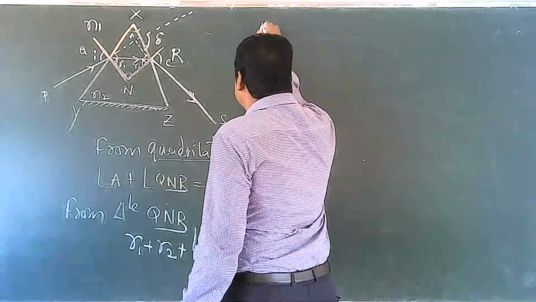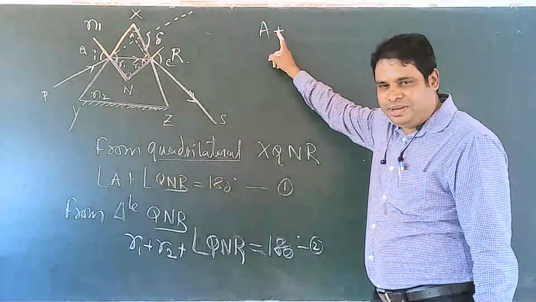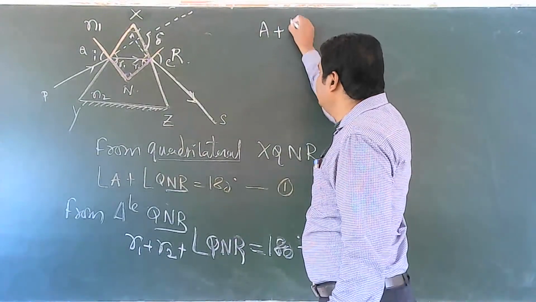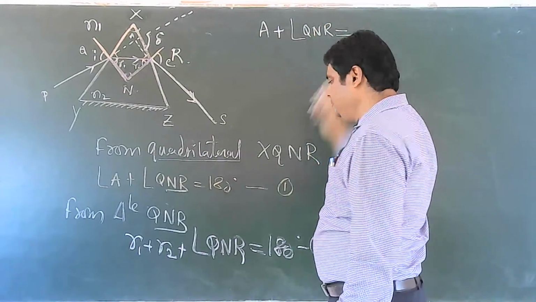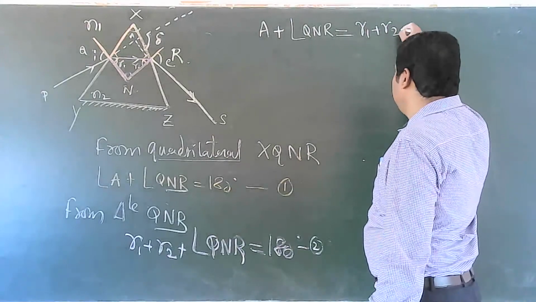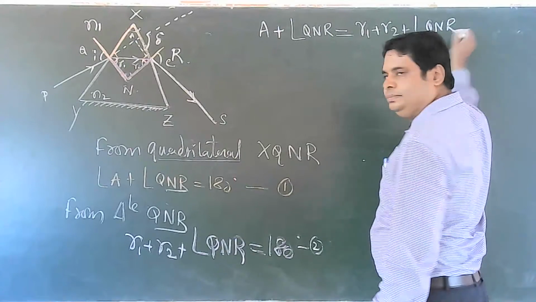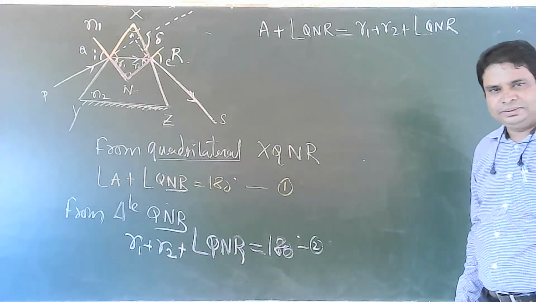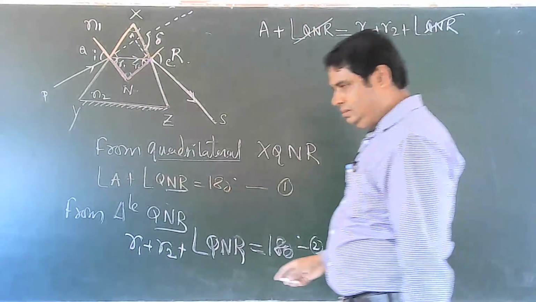So I will write very neatly. I will take angle A as simply A, for simplification purpose. A plus angle QNR must be equal to R1 plus R2 plus angle QNR. Correct? No problem. We can cancel this QNR.